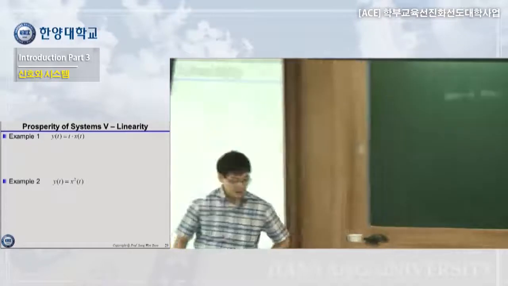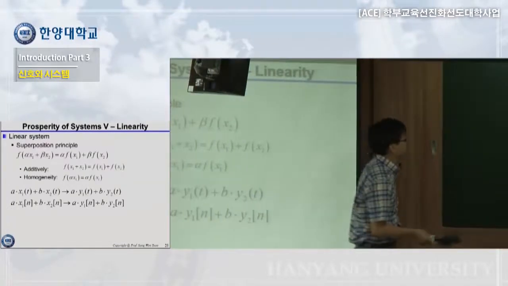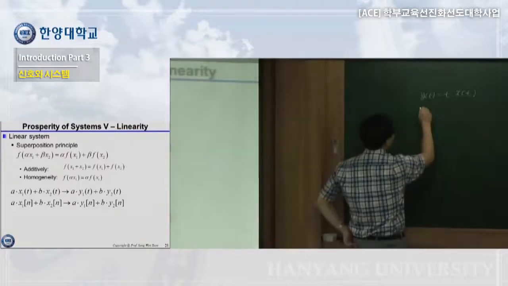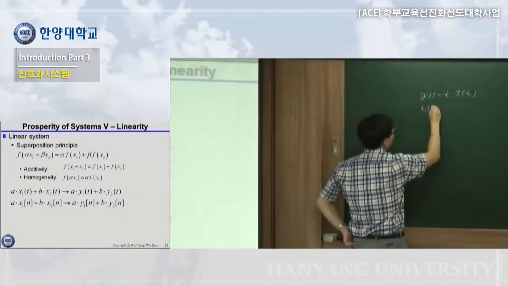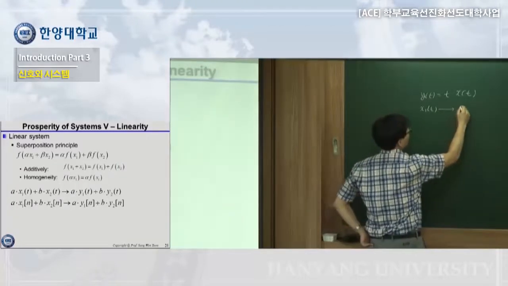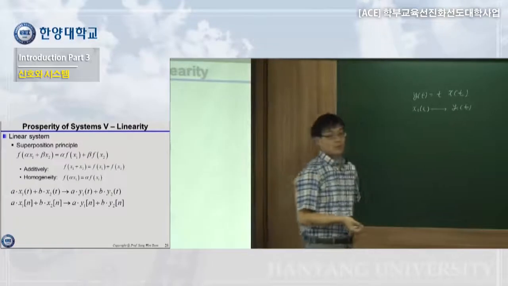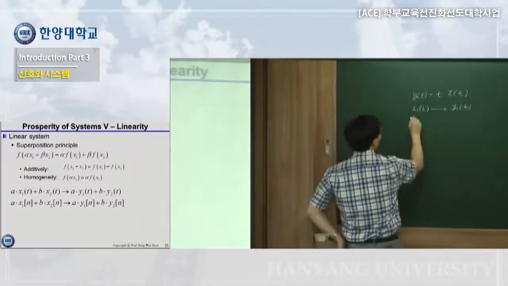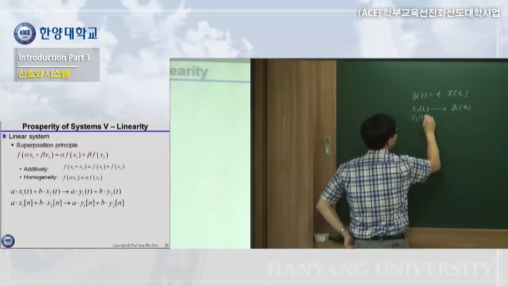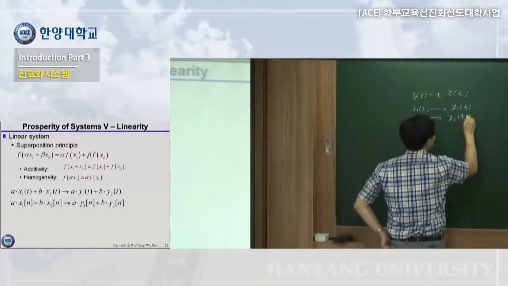We once talked about this, so let's go back to here. Assume that when we apply x1(t), the output will be y1(t). That's a basic assumption, right? And when you apply x2(t), the output is y2(t).